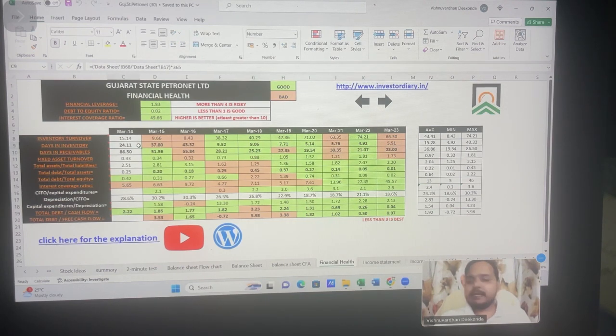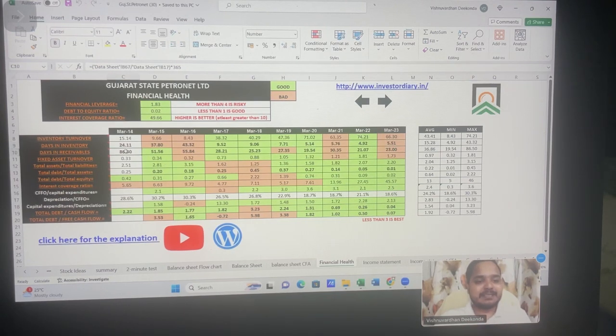From 24, days in inventory is nothing but how many days the company will take to sell the inventory. So initially it was 24 days. So for 24 days, the inventory would lie on the shelf. But you can see the current numbers are only 5 days. So there is significant improvement in the inventory turnover as well.